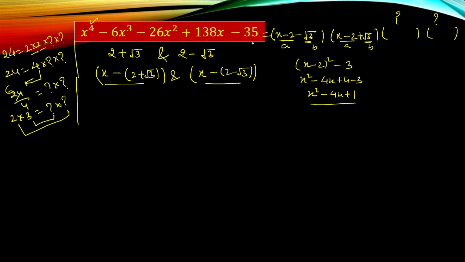If we divide the polynomial by this product, we will get a quotient. As we got the quotient 6 here, we will get the quotient here also.